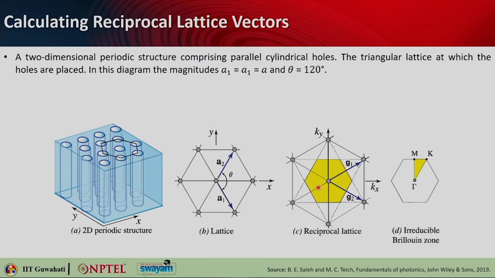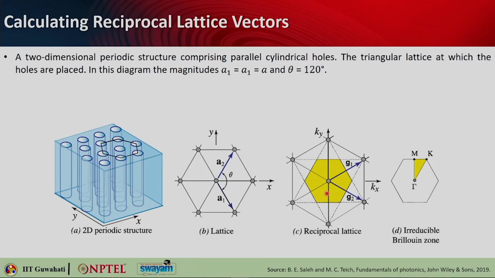Then you paint this area yellow, and you can show that this is your reciprocal lattice having this Brillouin zone. So this is the first Brillouin zone. From this you can also identify, as I mentioned, using the rotational symmetry and mirror symmetry and all those things, the irreducible Brillouin zone.